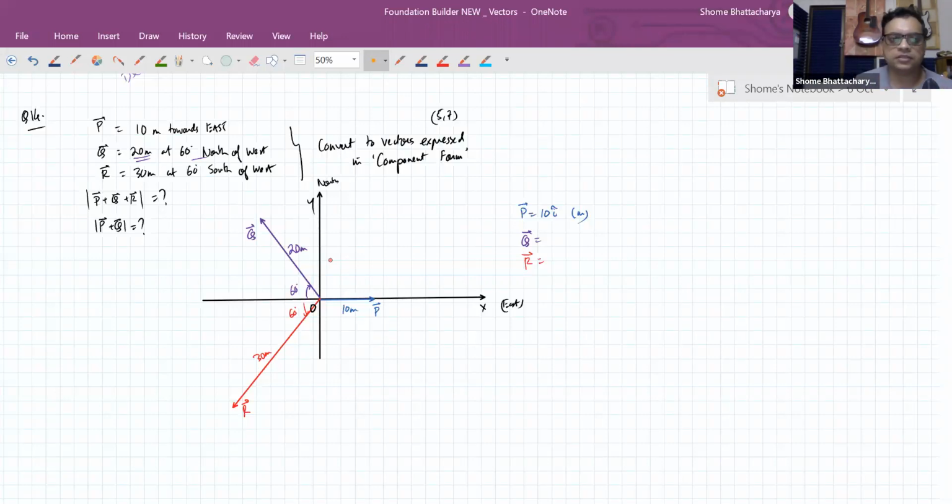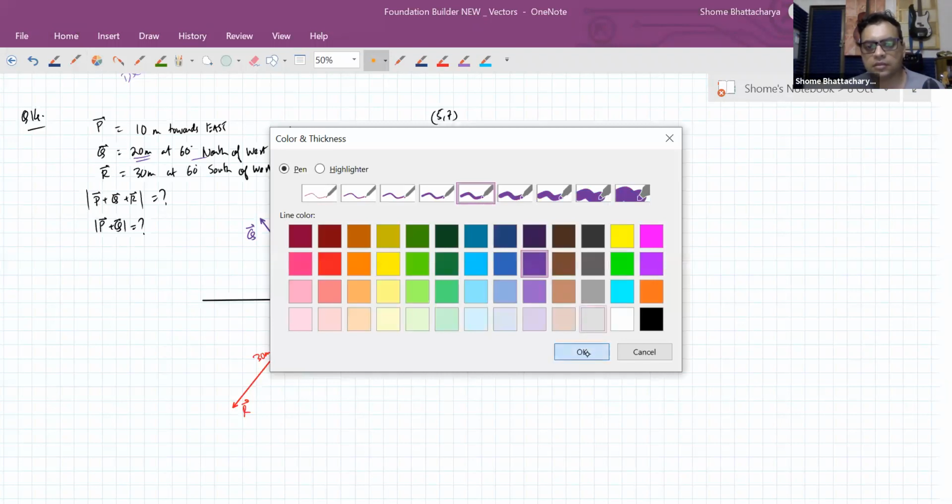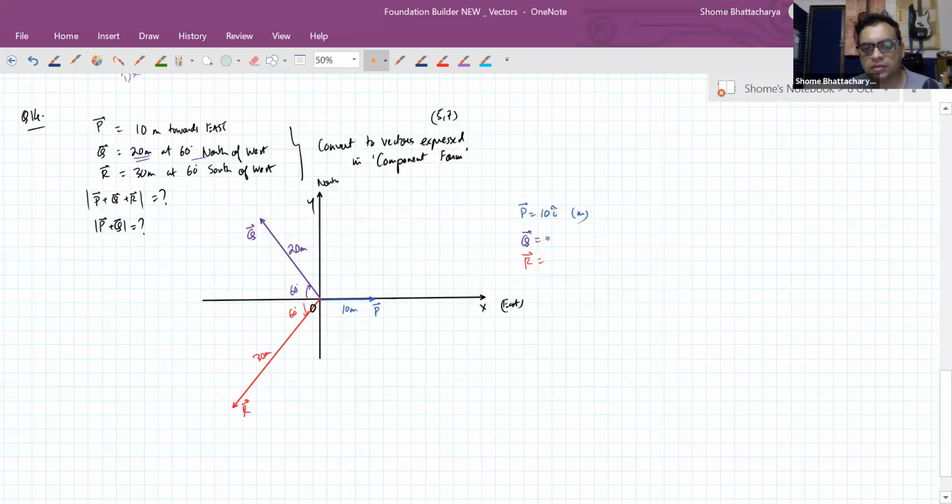Right, so I'll just put up the values. You see, you should be getting this. So you should get q as minus 10 i cap plus 10 root 3 j cap, and you should be getting r as minus 15 i cap minus 15 root 3 j cap.